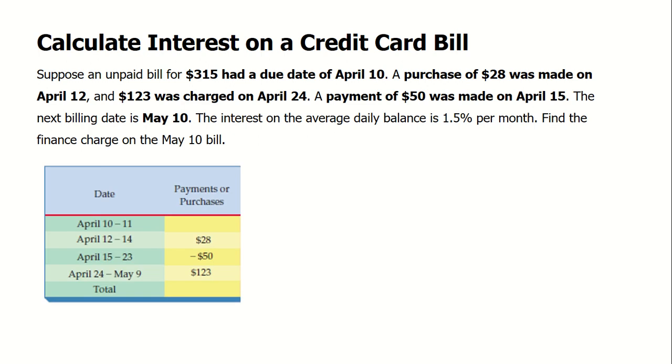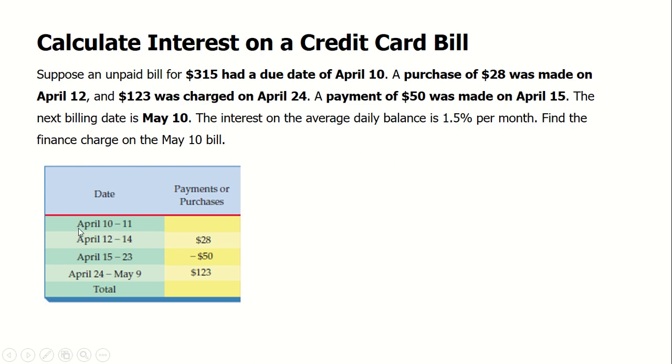In solving for the credit card bill, you would have to be organized. You will have to use a table. First, you do some setups. The first column will be the dates, and the second column will be payments or purchases. April 10 was the due date.